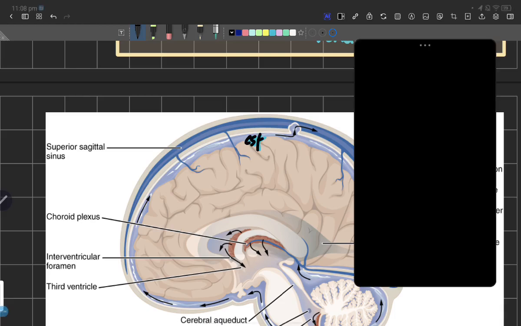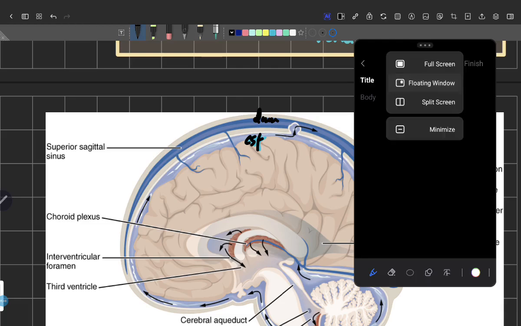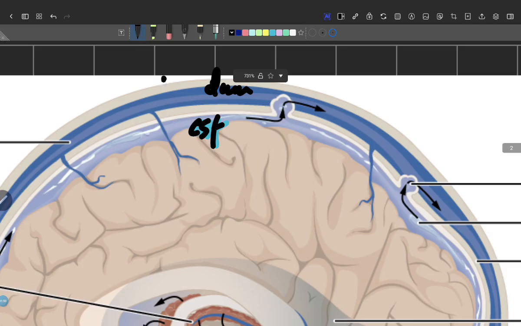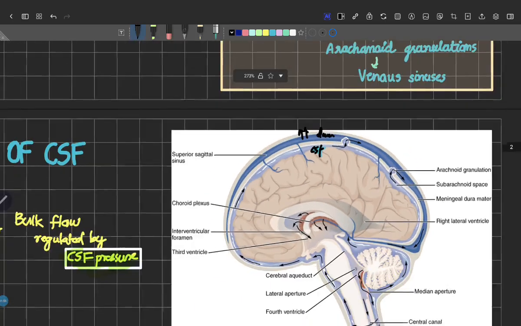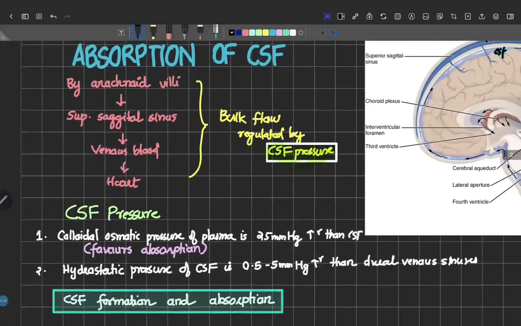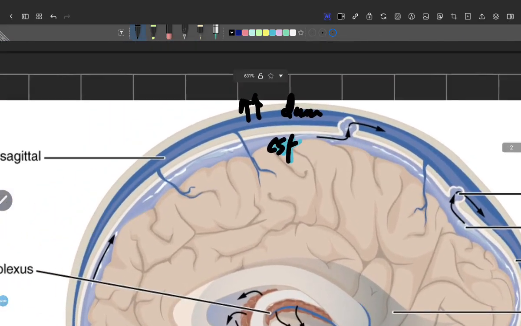The dural venous sinuses have a higher pressure, 25 millimeters of mercury higher than what is inside the subarachnoid space. So this will be the higher pressure area, and this will be the lower pressure area.